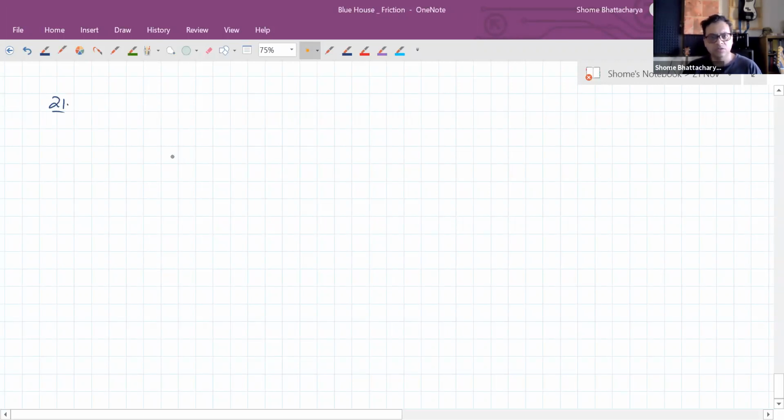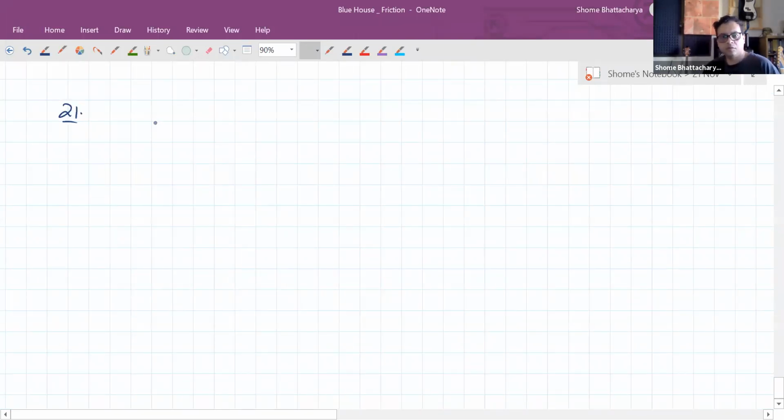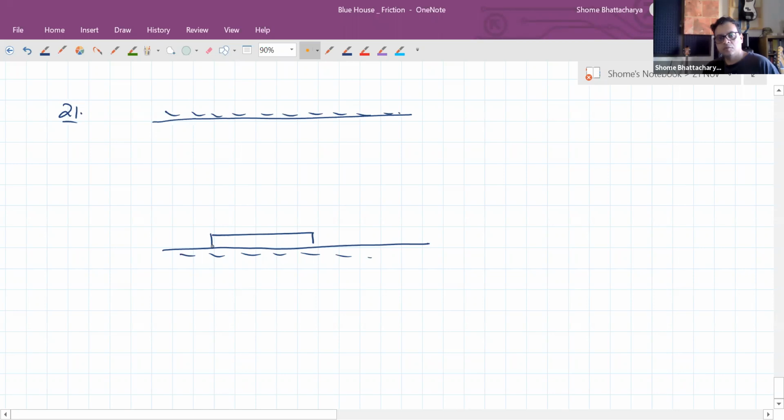So quickly, 21 is mostly about getting the free body diagram. The man is pulling down on this rope, which is connected by this whole arrangement of pulleys.